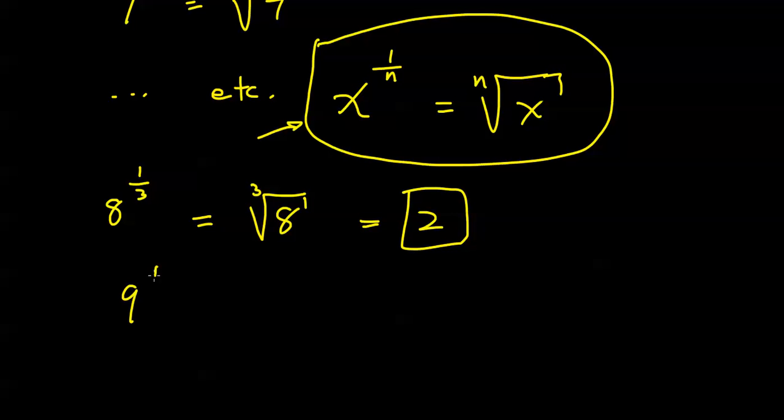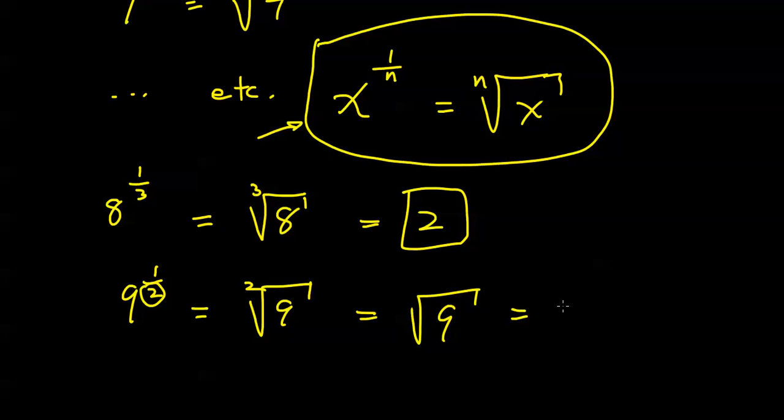Similarly, 9 to the 1/2 power. Well, if I take the second root of 9, I can rewrite this expression, if my numerator is 1, as the second root or the square root of 9. Remember, when no index is specified, we assume a second root, and the square root of 9 is, of course, positive 3.